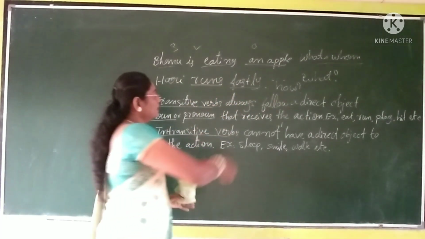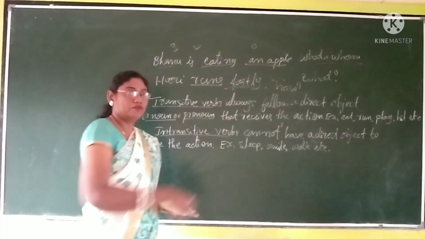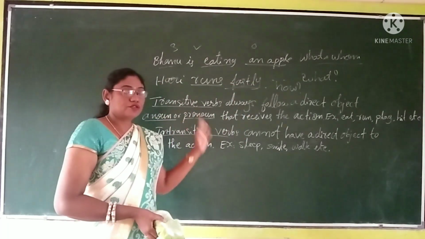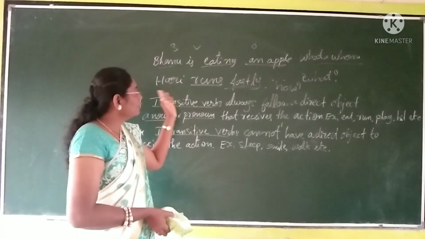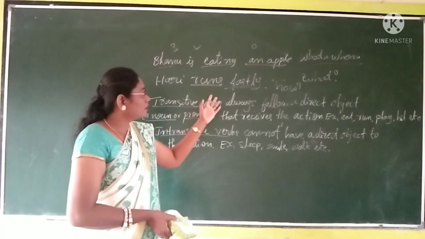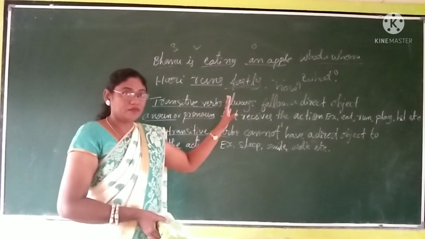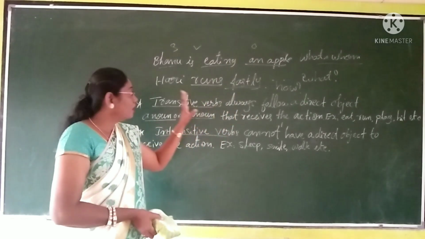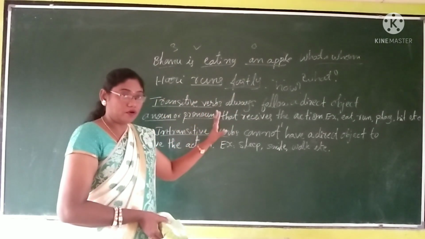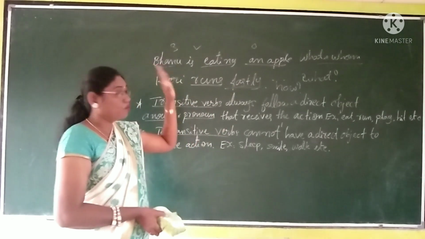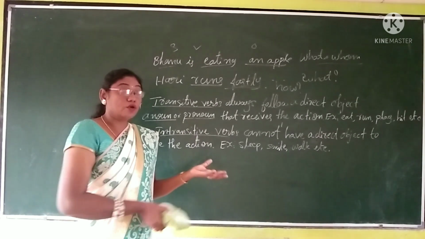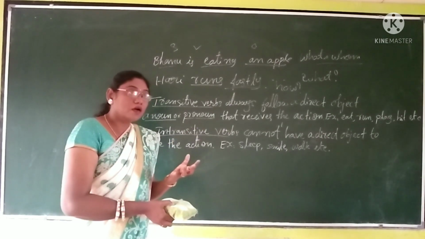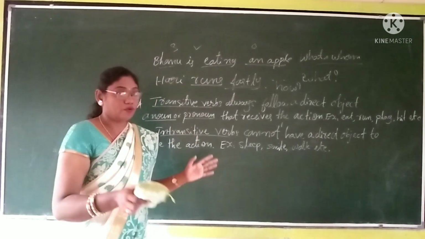If there is any adjective or adverb, that is also not a direct object, and it will be the answer of how. That is not a transitive verb. When the verb answers the questions of what and whom, those types of verbs are called transitive verbs.